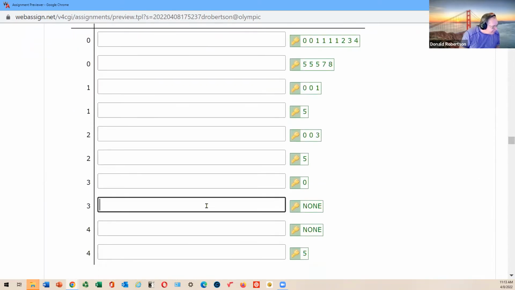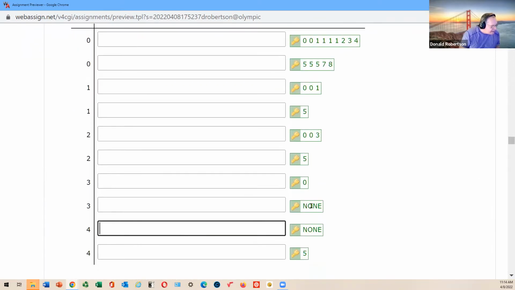And some of the boxes, these 2 here, didn't have any numbers in them. So you don't leave them blank, you type in none. That's the instructions, right? Because if you leave it blank and hit submit, it'll tell you you're wrong. Really, you're right, but you're wrong as far as WebAssign is concerned, because they want you to put none.